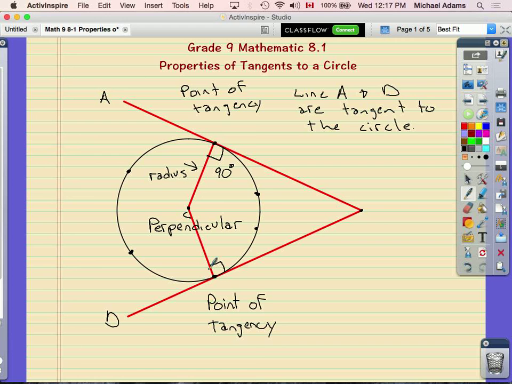Like I said, that's super important for us to understand. The tangent line right here is perpendicular to the radius, and so therefore forms a 90-degree angle.